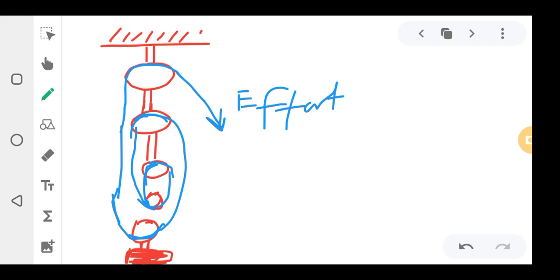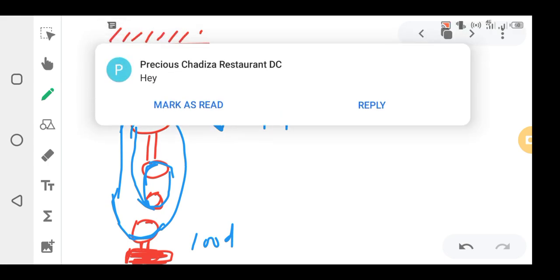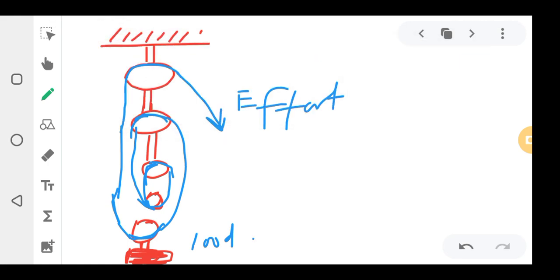And then I can say this load here, let's say this load is even 100 kilograms. The load is 100 kg. Okay.